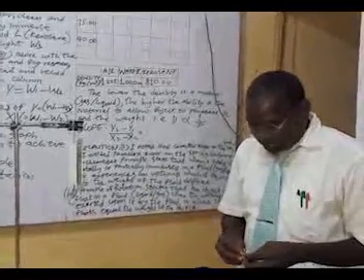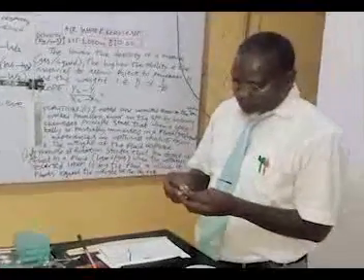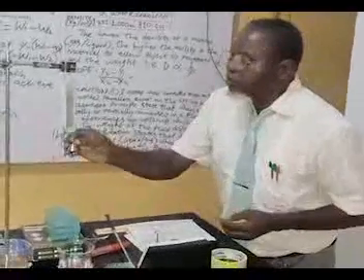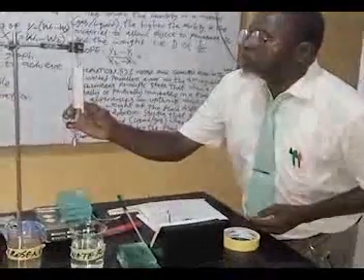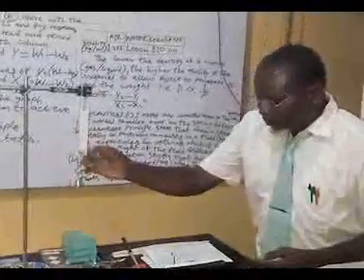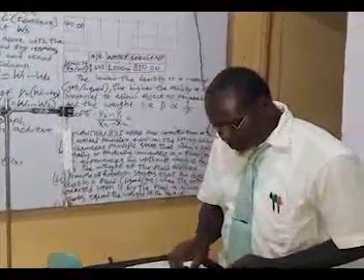So we are going to add 5 gram to this, and this one will give us 0.40.